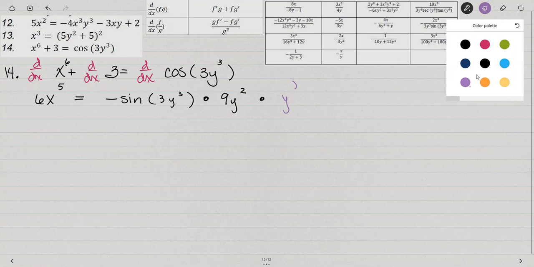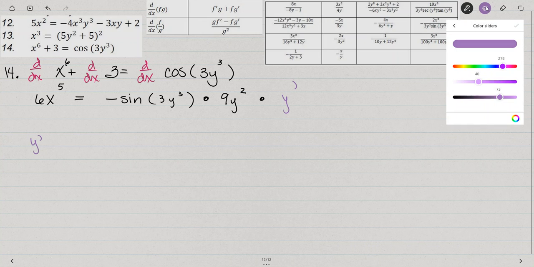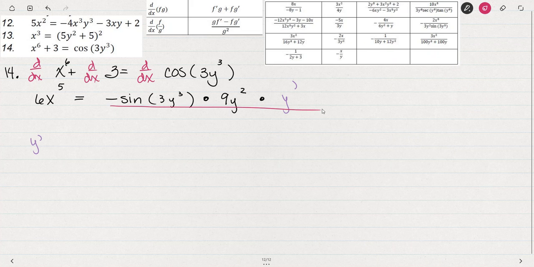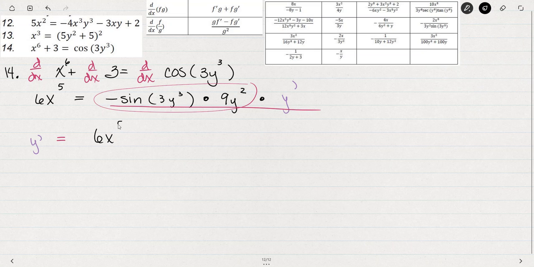To finish this example off, I'm going to divide both sides by 9y squared times the opposite of sine, 3y cubed. It's going to look like this. So the numerator is just this nice 6x to the 5th.